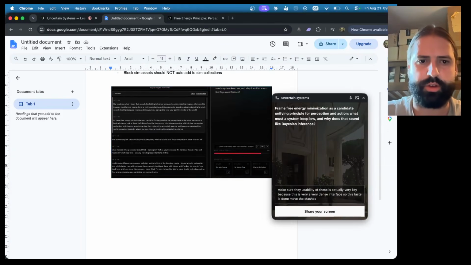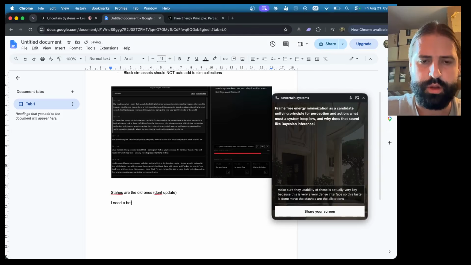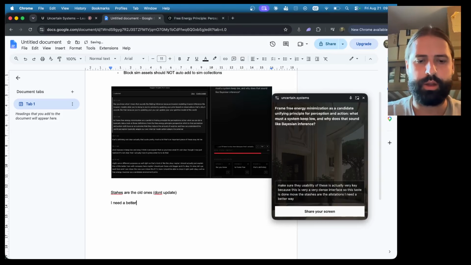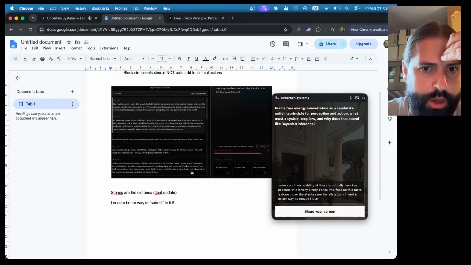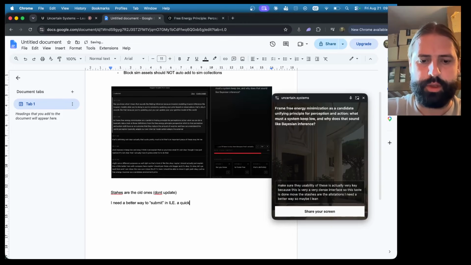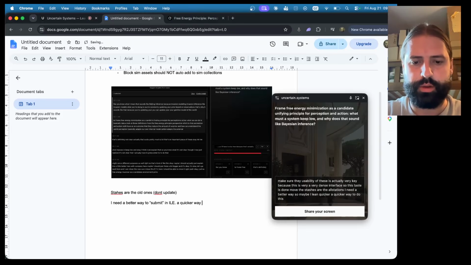The stashes are the alt stashes. I need a better way, a quicker way to do this.